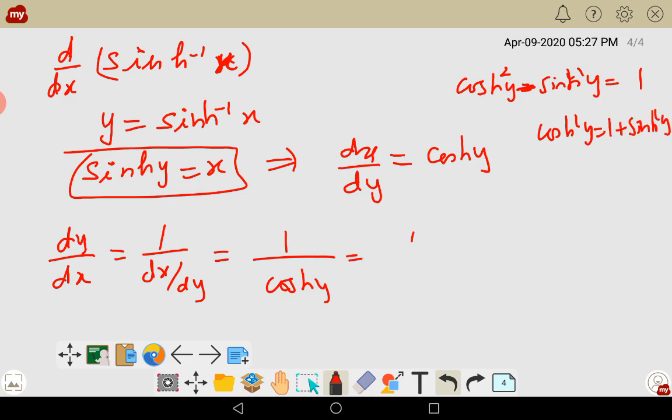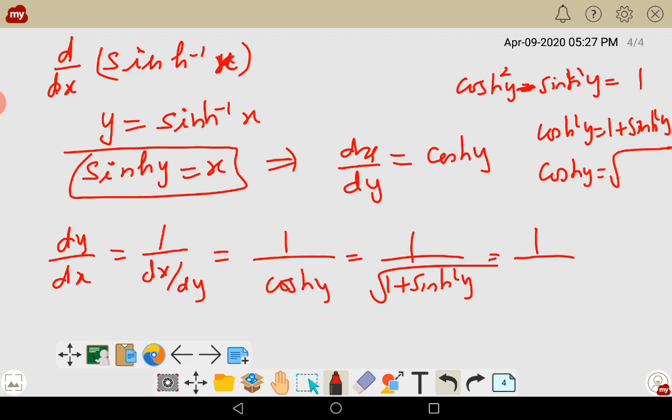So this can be written further as 1 over square root of 1 plus sine hyperbolic square y, isn't it? But sine hyperbolic y is x, so this will be 1 over square root of 1 plus x square. This is for sine hyperbolic inverse x.